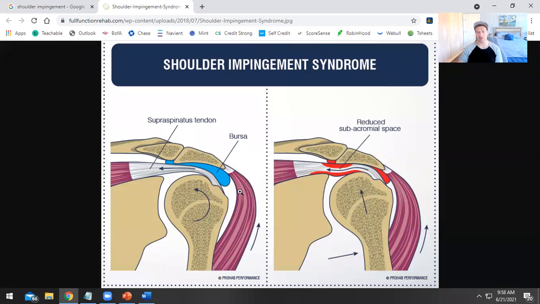They should be able to move. There should be range of motion here. But unfortunately, there's a lot of hard tissue, right? You got this little bit of bursa here, right? It's this little fluid-filled sac that's there to act as a buffer. Well, this soft material can easily move. Well, if you pinch it with this hard material, you're going to have problems.